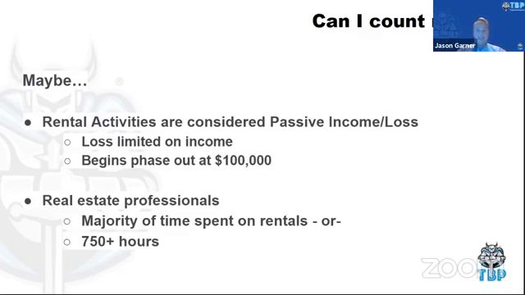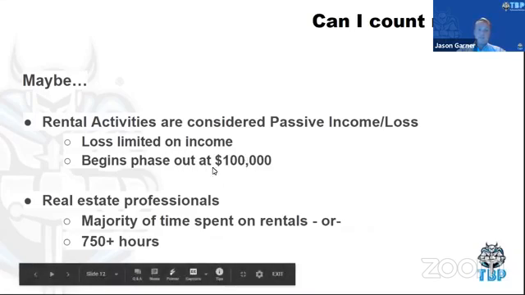A lot of people can, because rental activities are considered passive income or loss, and there are limits based on that. So basically, up to a $25,000 loss can be deducted if your income is less than $100,000.